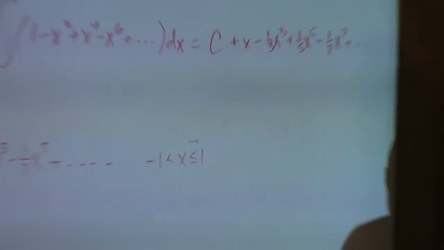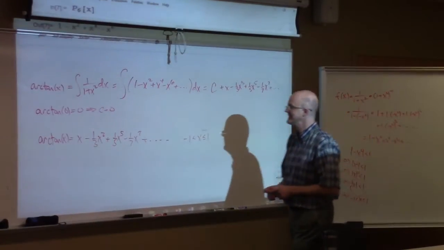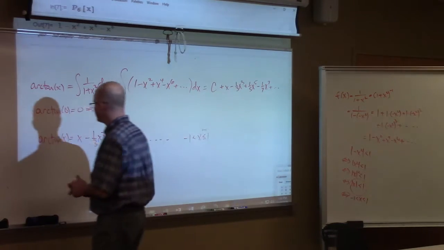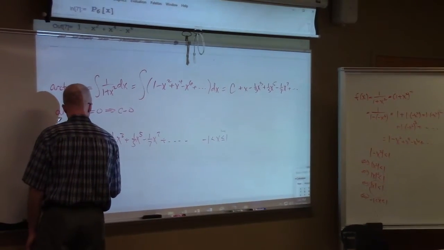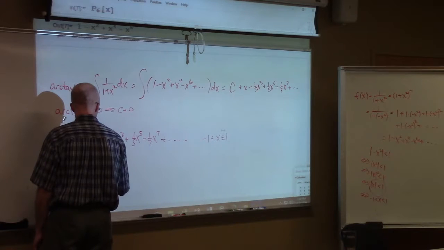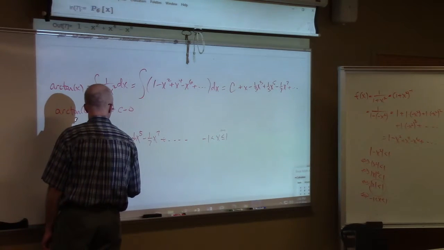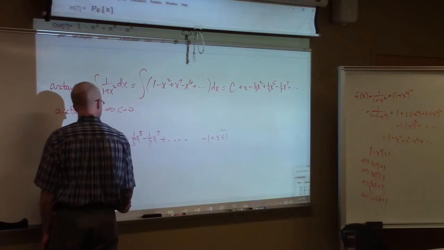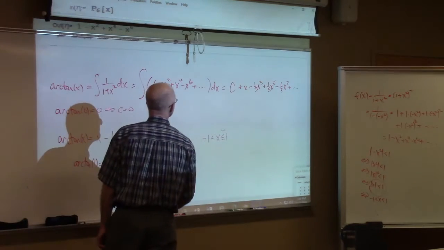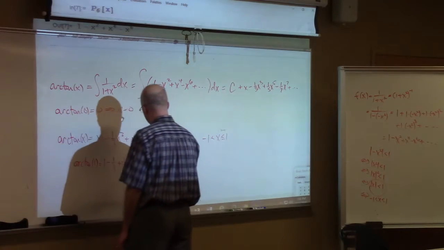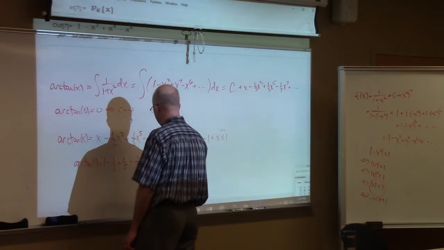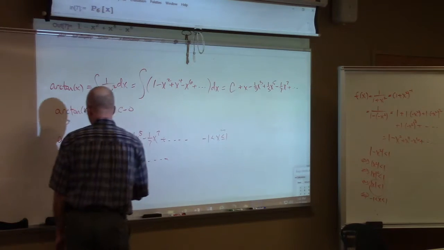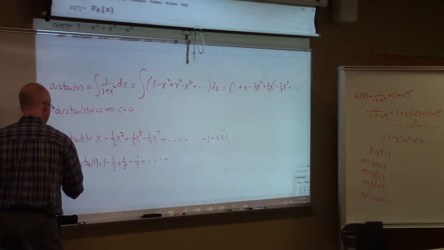Though historically it was actually a big deal, because it would imply that arctangent of 1 is 1 minus 1/3 plus 1/5 minus 1/7, etc. But arctangent of 1, I hope you remember, is pi over 4.